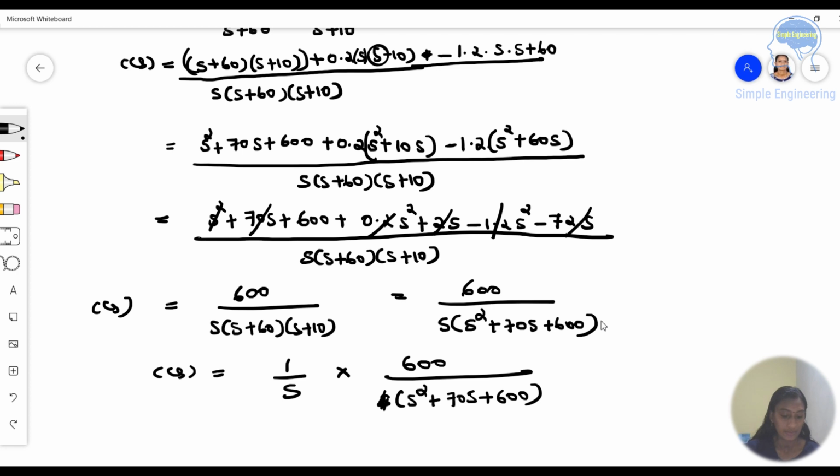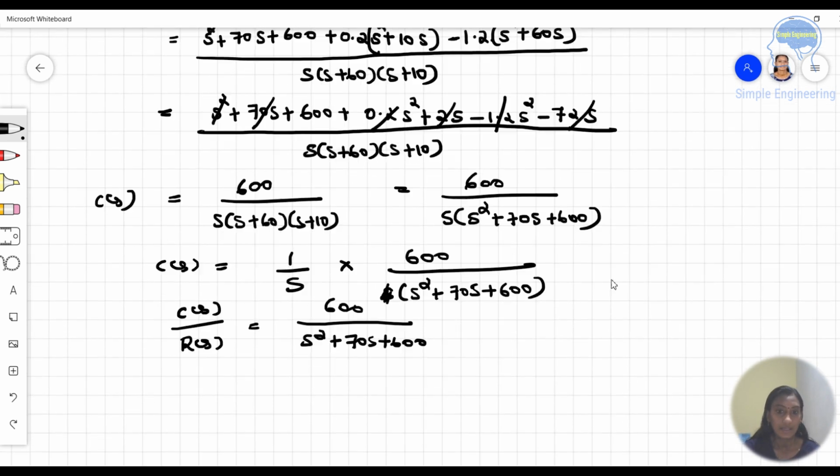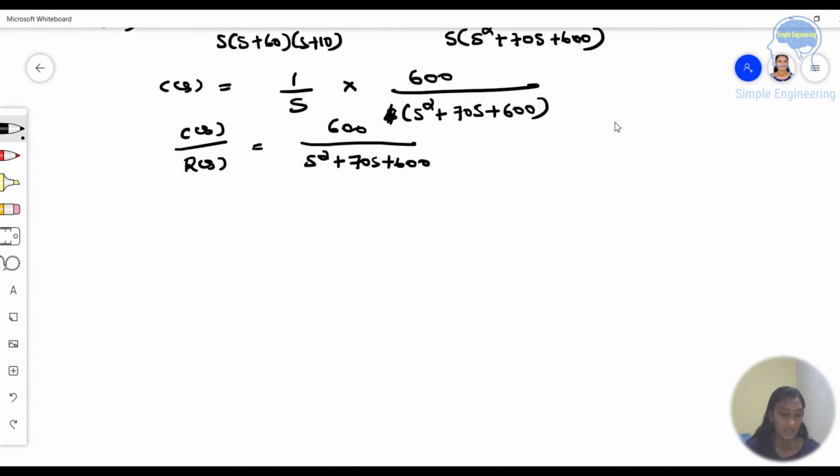This s we have taken over here, 1 by s, that is the unit step input. So you can write it as C of s by R of s is equal to 600 by s square plus 70s plus 600. So this will be your function.